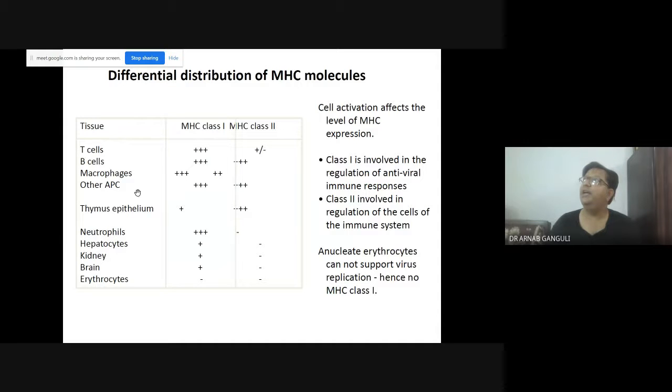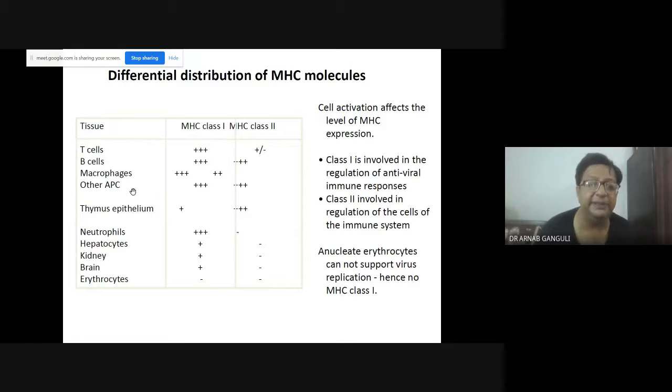Now if you look at the distribution of MHC molecules, in which cells which ones are present, you can find that MHC class 1 is found on T cells, B cells, where 3 plus means it is quite strongly expressed, and on macrophages and other antigen presenting cells, like dendritic cells.